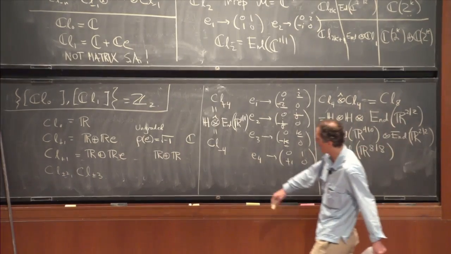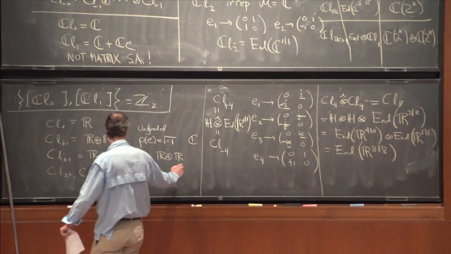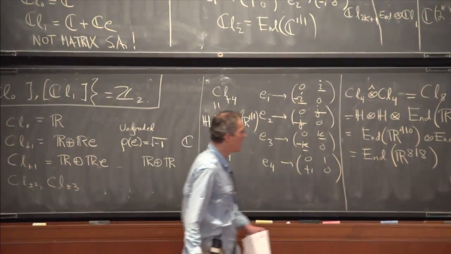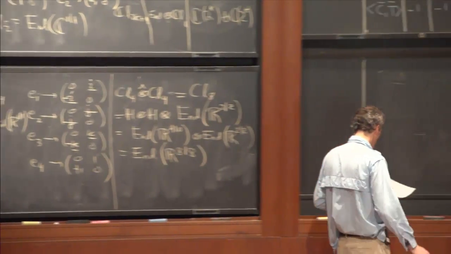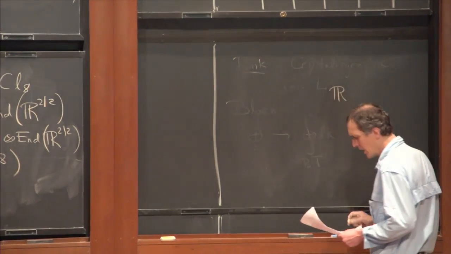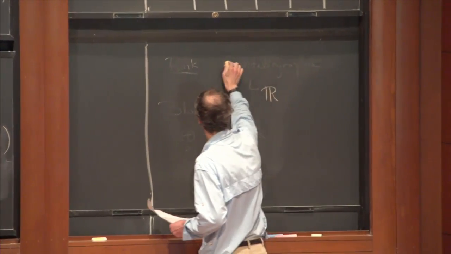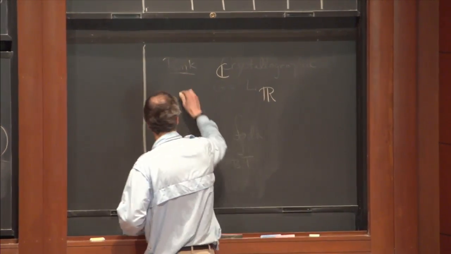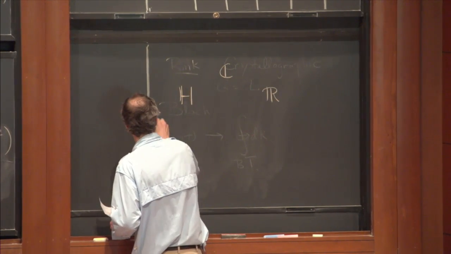So I've told you that we have a C at minus 1, R plus R at plus 1, and the way you remember what the algebras are as ungraded algebras is you use the Bott clock, or the Bott genetic code, which looks like this.